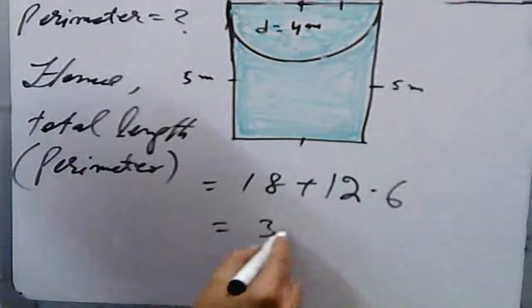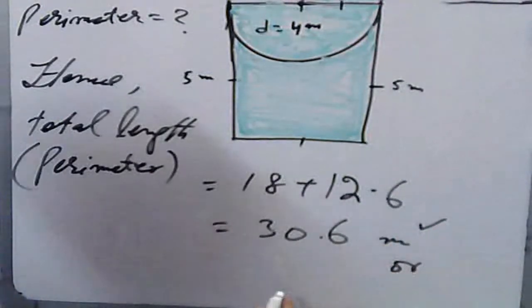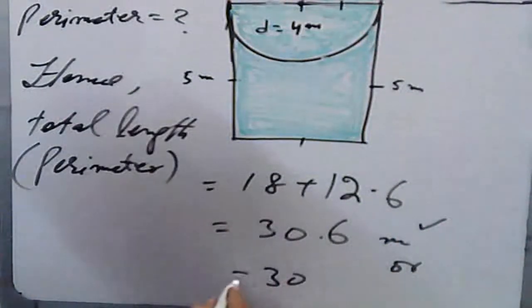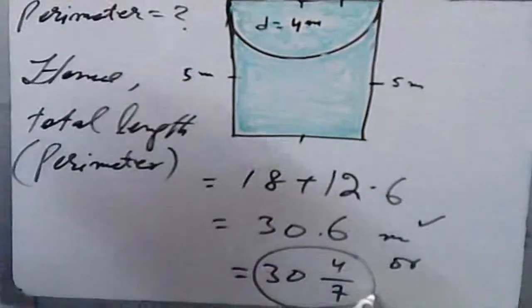You will get 30.6 meter, or you can also write 30 whole 4 by 7. So that is your required result, in meters.